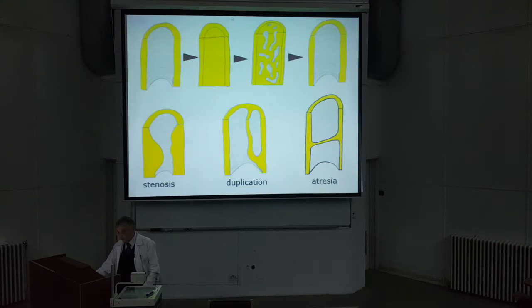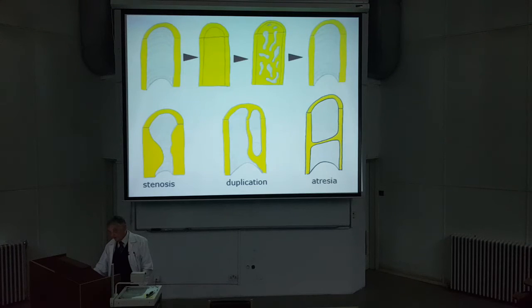This tube is going to be blocked all the way. It starts as having a lumen, but then cells will grow and they block the lumen. Becomes a core. And then vacuoles appear and the lumen gets canalized again.